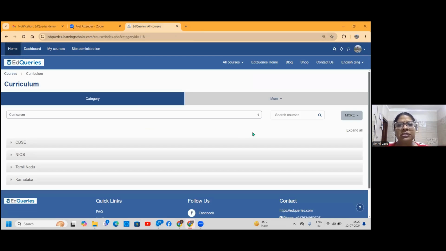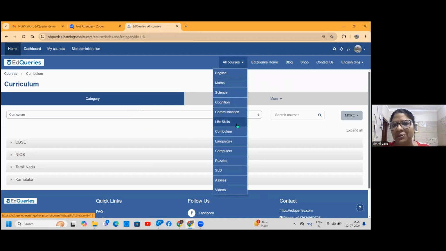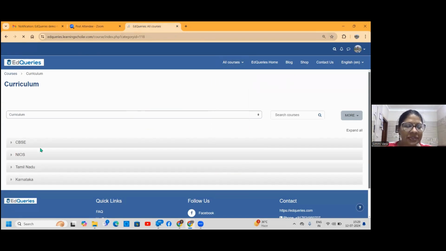So here goes. As I always tell you, we have this all courses tab. This is how the EdQuery screen looks. When you go to all courses, you can see all the courses here, right? And we have a mathematics dedicated tab also. But for the NIOS, we will go to the curriculum, and this is the screen we get.